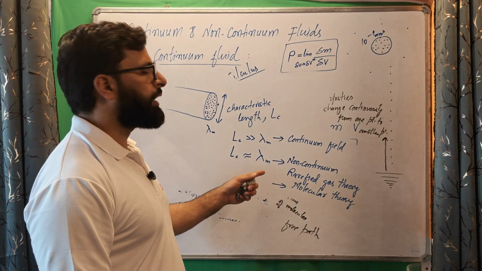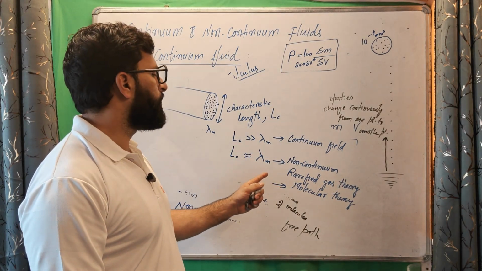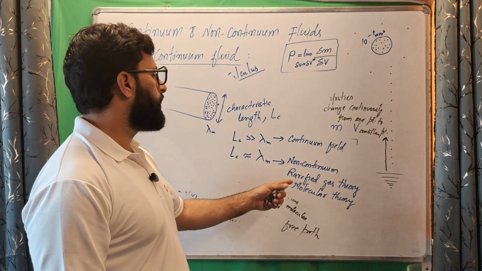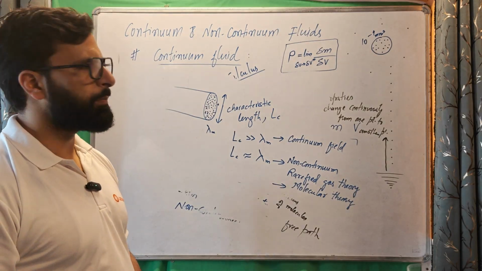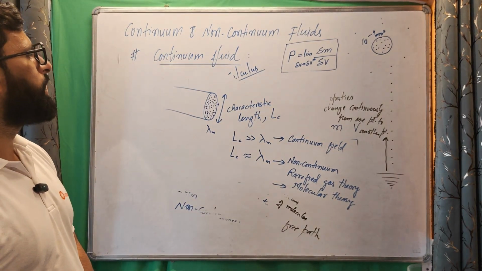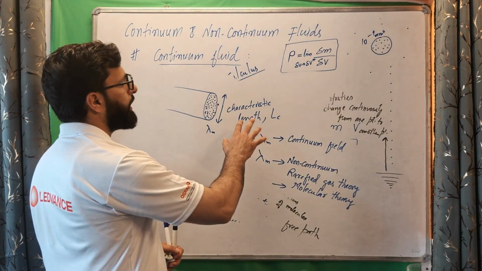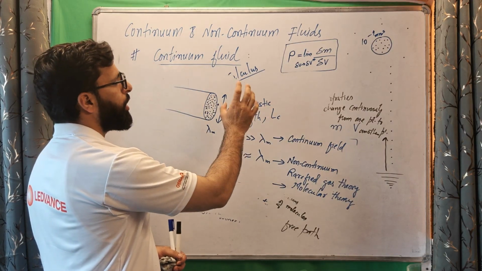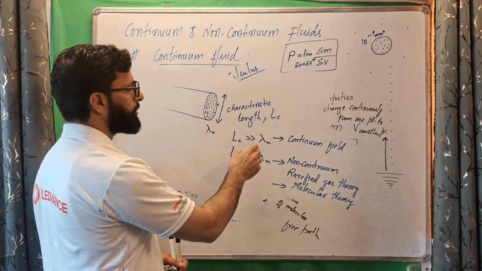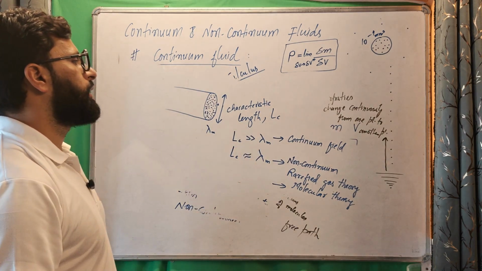We call it non-continuum fluid, and we have to use different theories, called rarefied gas theory or molecular theory. Mainly we deal with situations where the characteristic length, the flow field dimension, is very, very large compared to the mean free path.